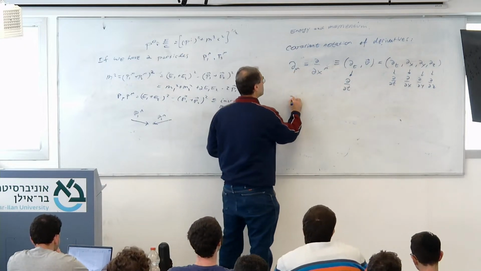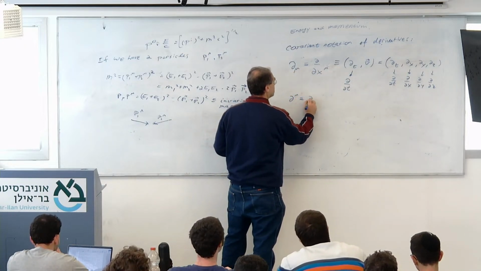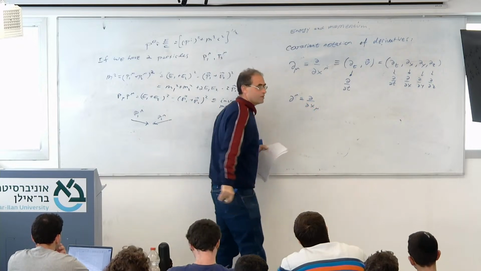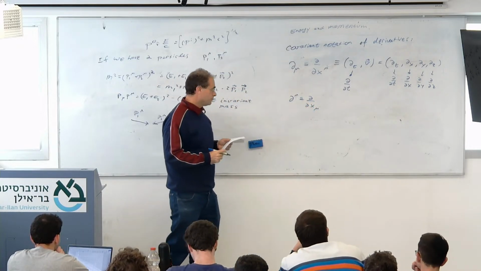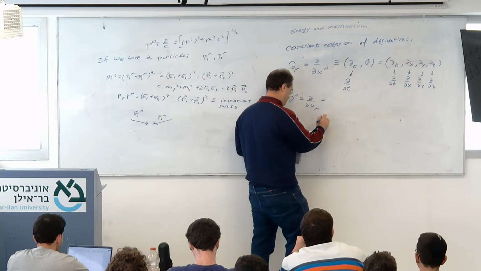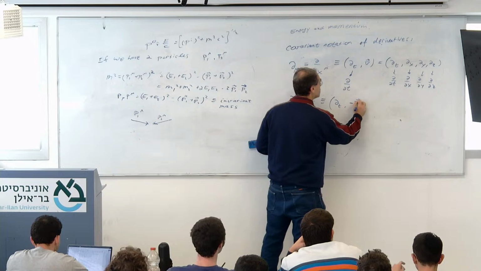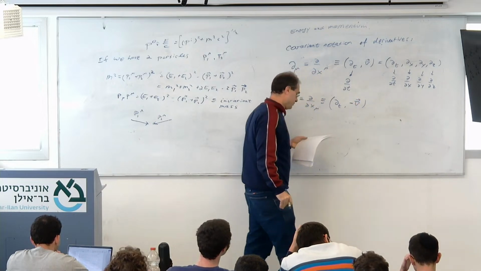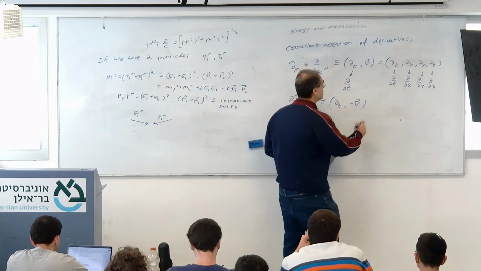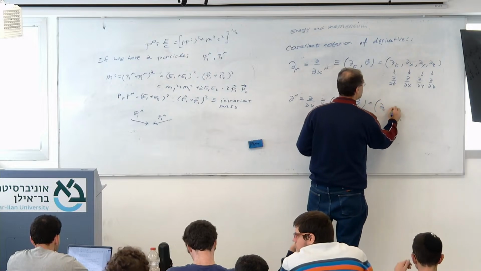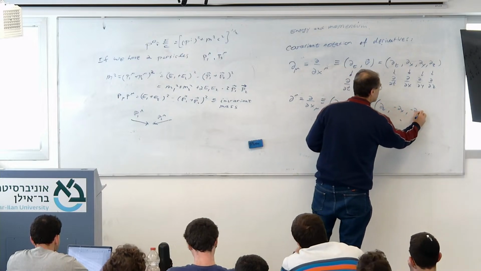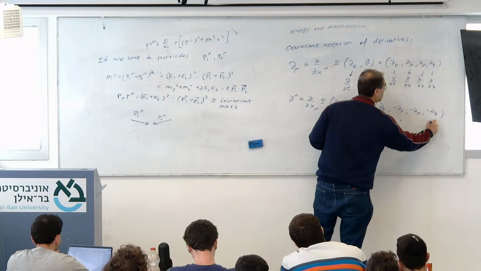When I say d mu is an upper index, that is d over dx mu, which now is a lower index than x mu. That is nearly the same. That is dt and minus the spatial derivatives. So this is dt minus dx minus dy minus dz.